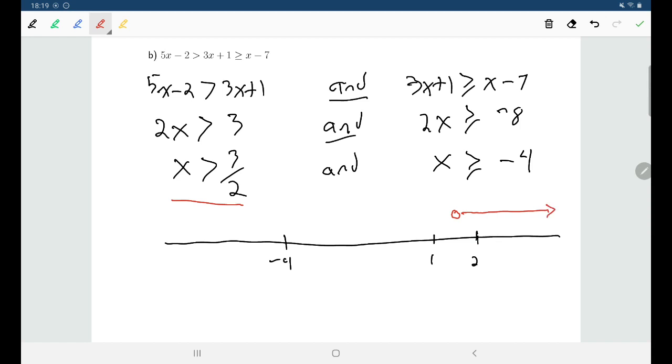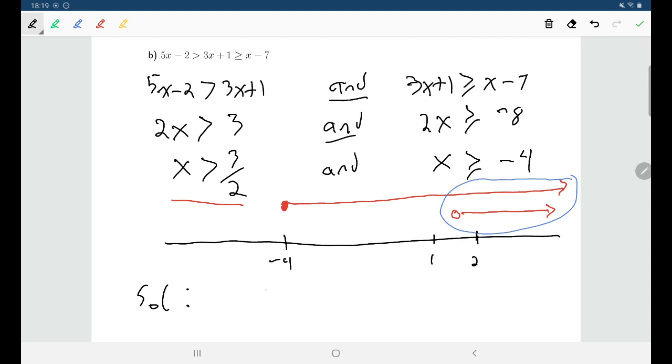And for x being greater than or equal to negative 4, we'd be talking about all the values from negative 4 all the way to the right. And so what are we looking for as our solutions? We're looking for what these two intervals have in common, and what they have in common are all the values that are larger than 3/2. This is why the solution is just the values that are larger than 3/2.